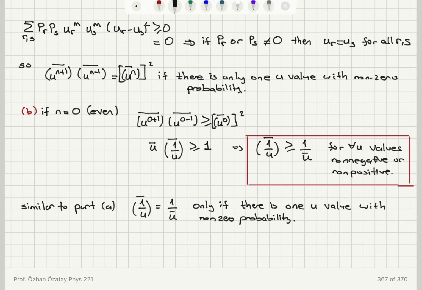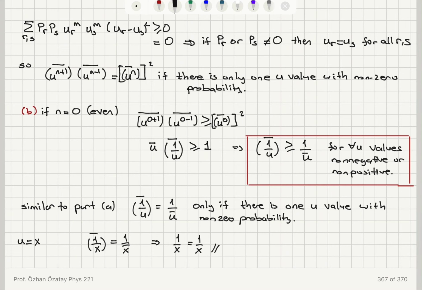Let's call that value x. So you would have the mean value of 1 over x equal to 1 over the mean value of x. Since there is only one value, this gives you 1 over x equals 1 over x. So basically this conclusion is verified.